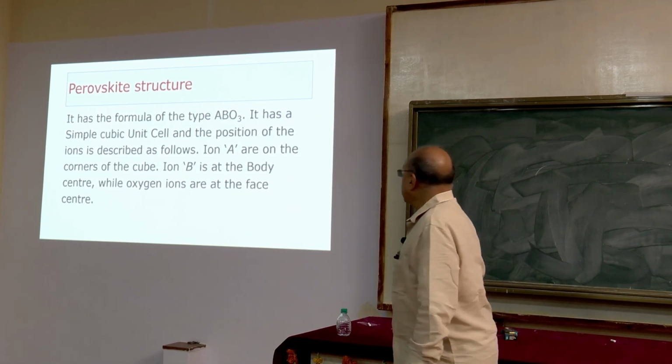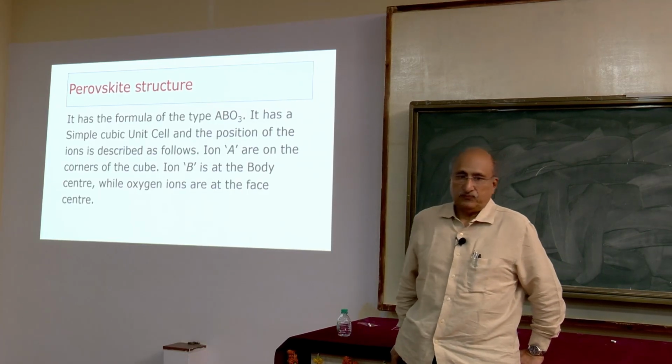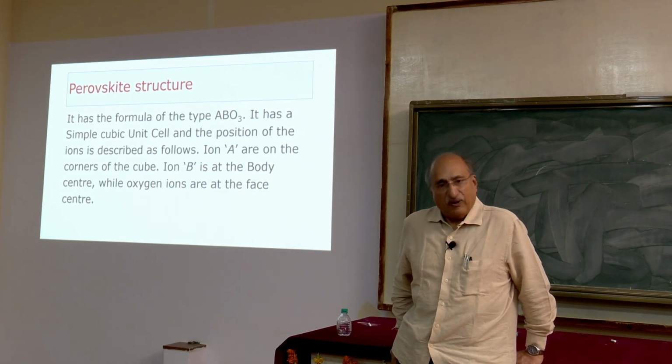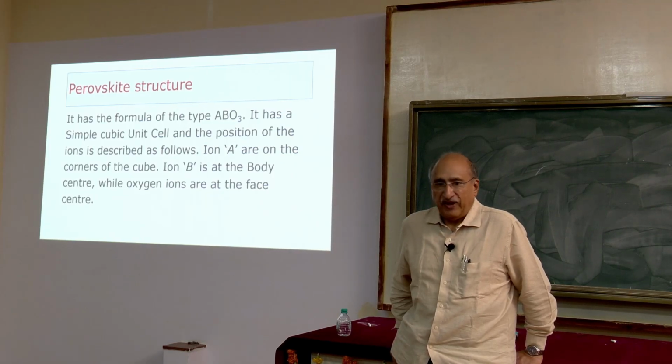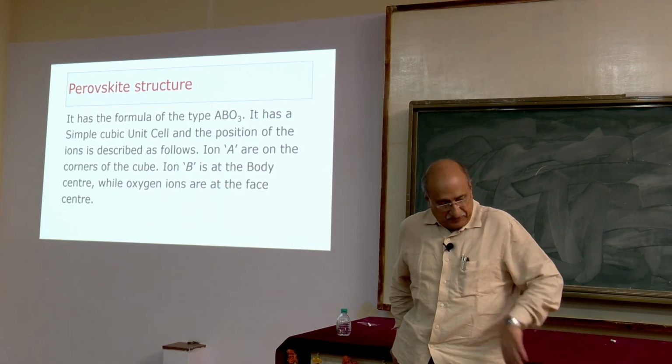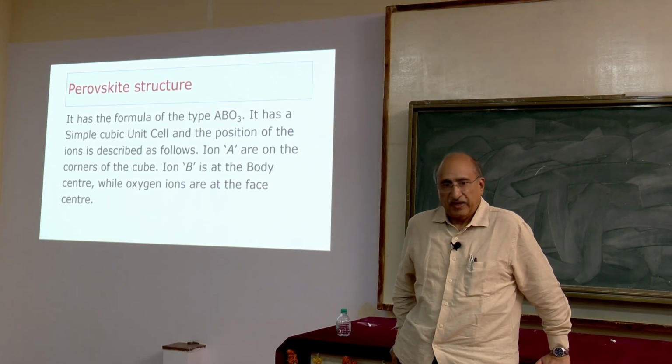And the structure is of the type ABO3. It means one molecule will have 3 oxygen atoms, 1 atom of A, 1 atom of B. Agreed? All right.